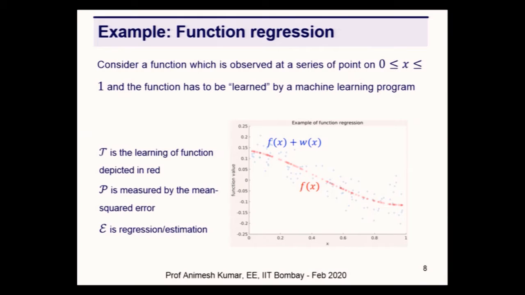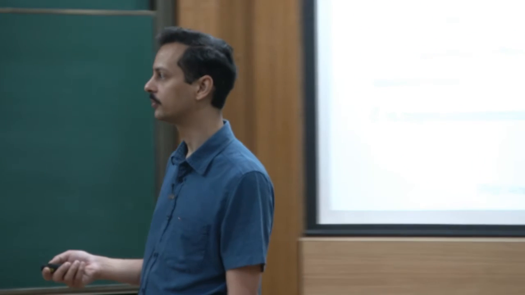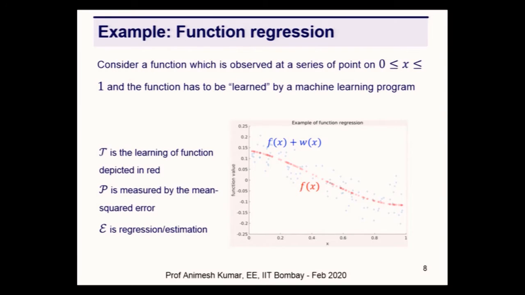So f(x) is the underlying function that I wish to learn. That's some dependency which is, let's say, the output of my statistical experiment, and I wish to understand it better. The x-axis is limited to 0 to 1, so that's the interval in which we are observing the function. Typically, most finite experiments would involve a finite support region, so that's not too bad.